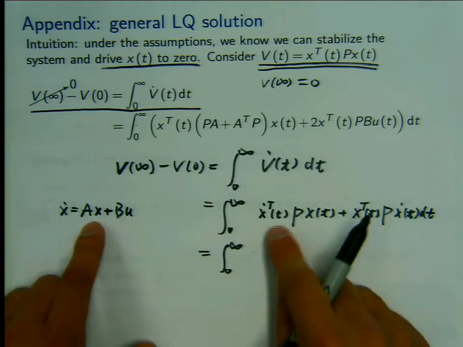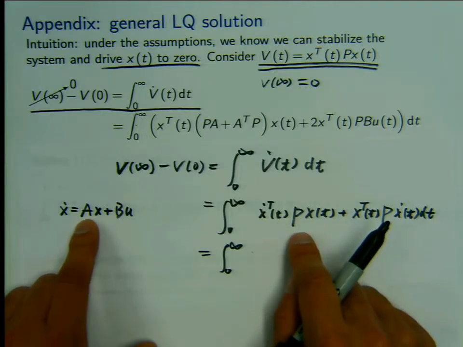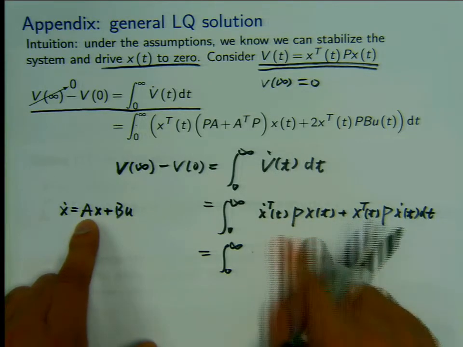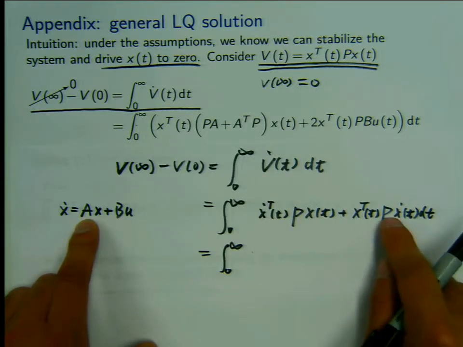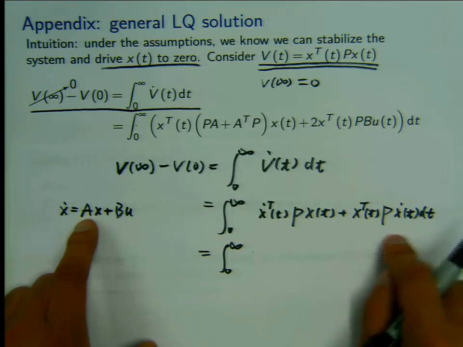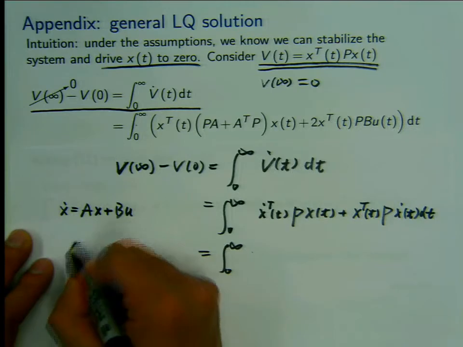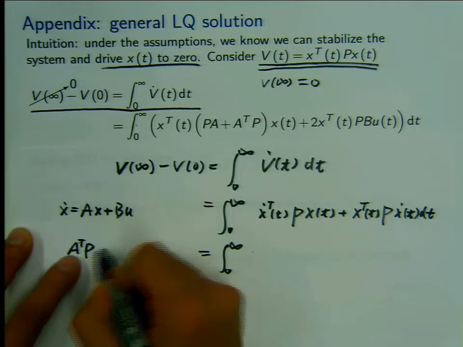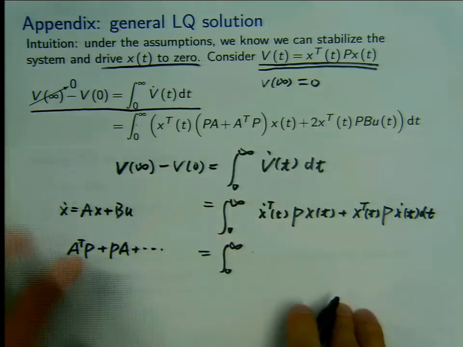Then you see I'm going to have an A transpose times P term from this guy. And then over here, I'm going to have something related to P times A coming from this guy. So remember, either you do a Lyapunov equation or a Riccati equation, you have this term, A transpose P plus P A plus something else. Okay?